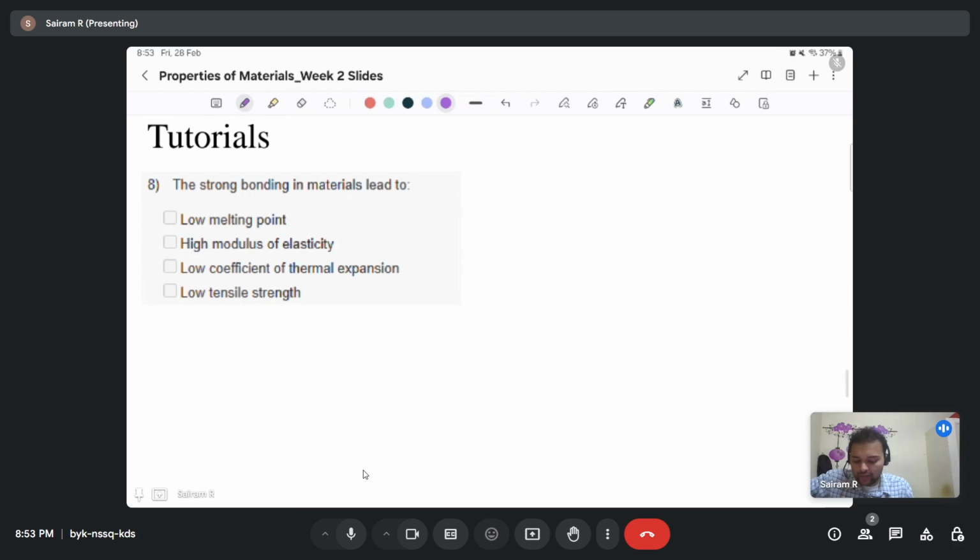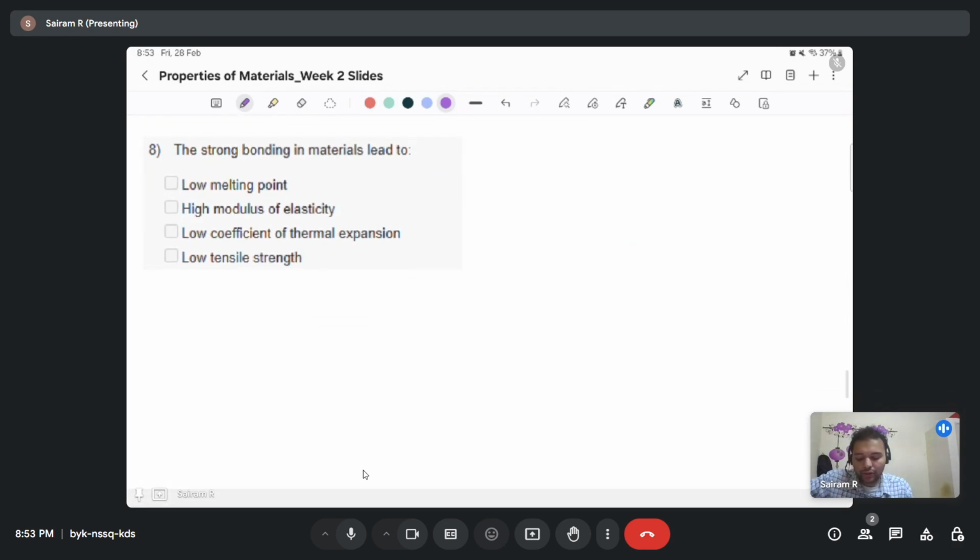Very strong bonding in materials does not lead to low melting point because, let's say, polymers, as we know, have low melting point, and they don't have very strong bonding.